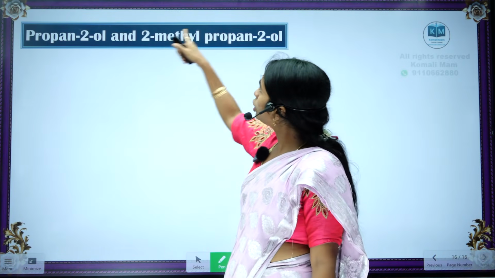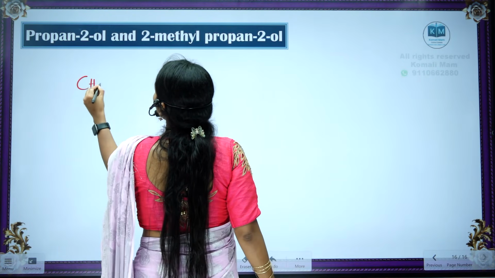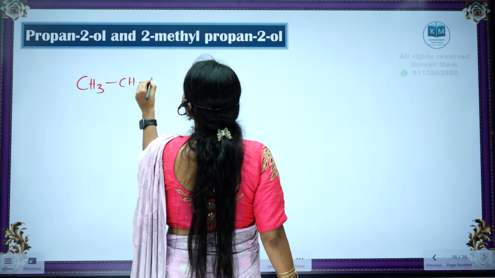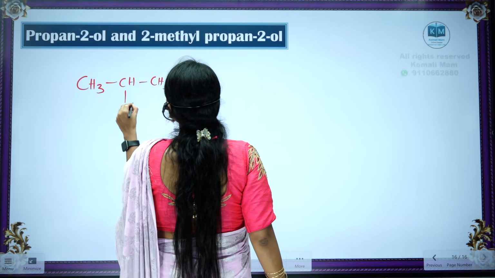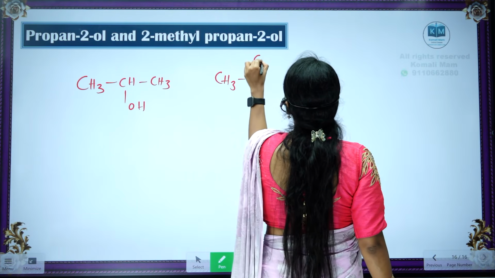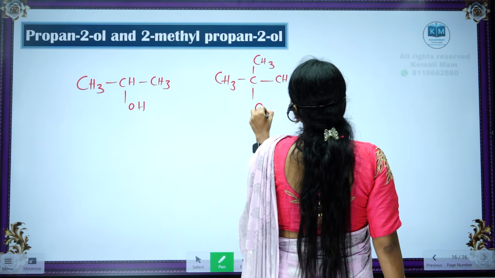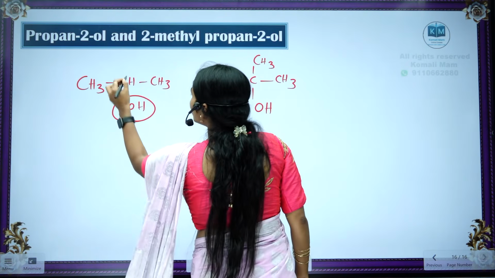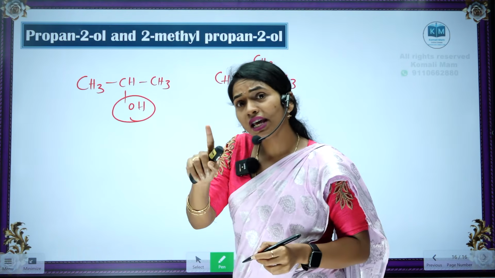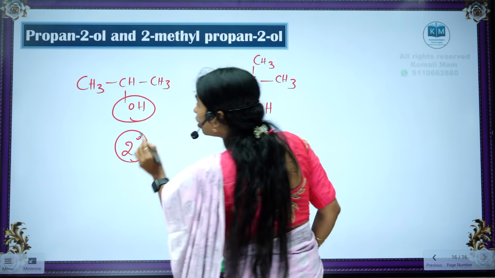Next, propan-2-ol, 2-methylpropan-2-ol. See how I am going to write? Propan-2-ol. Next one is 2-methylpropan-2-ol. So this is the structure. OH connected to the carbon that is connected to only two other carbons, so it is a secondary alcohol.